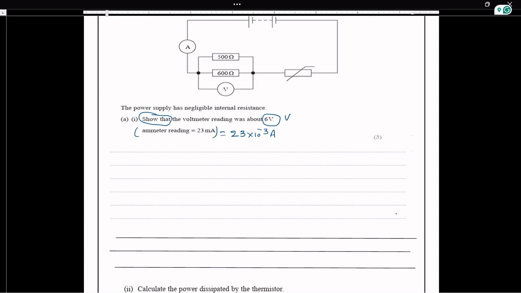So actually what we are calculating is the voltage of this parallel combination. The voltage of the 500 ohm resistor will be equal to the voltage of the 600 ohm resistor, which is equal to the voltmeter reading. So for that, we know the total current flowing through the circuit, we have the value for the current.